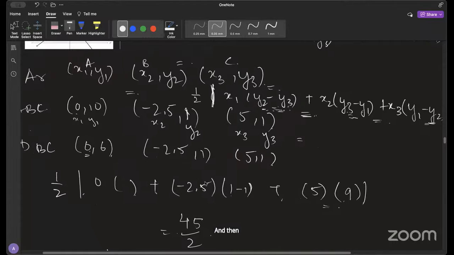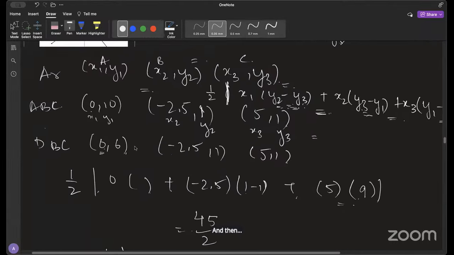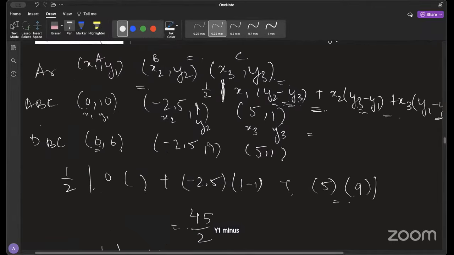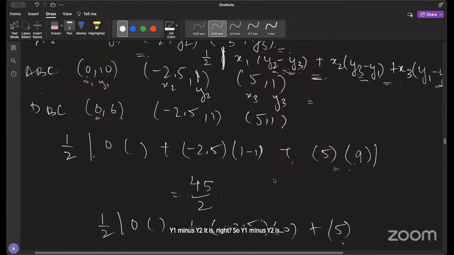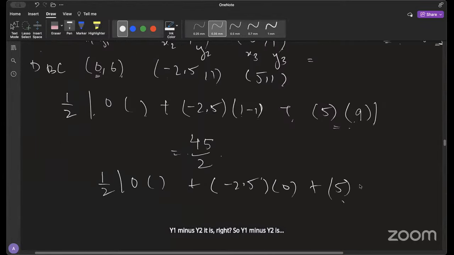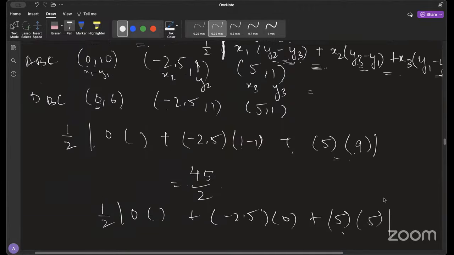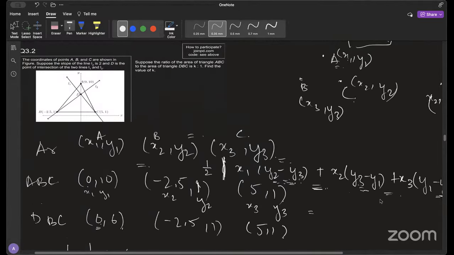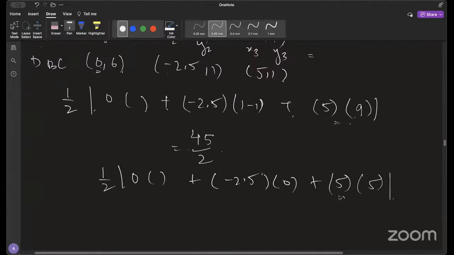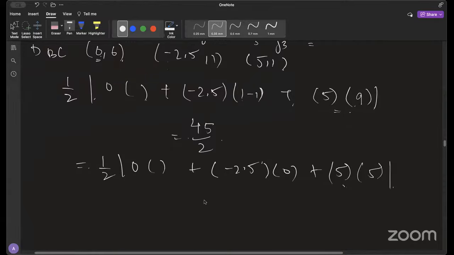And then y1 minus y2 it is, right? So y1 minus y2 is 5. This is going to be 25 by 2.